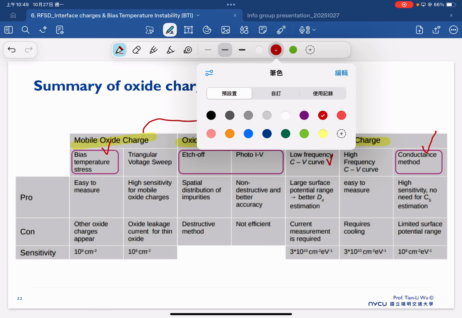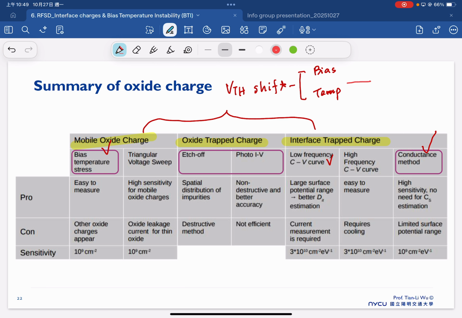So in the end, we consider one general phenomenon that covers all these three different charges. We call it bias temperature instability, or BTI. BTI is a general phenomenon related to the trapping effect.